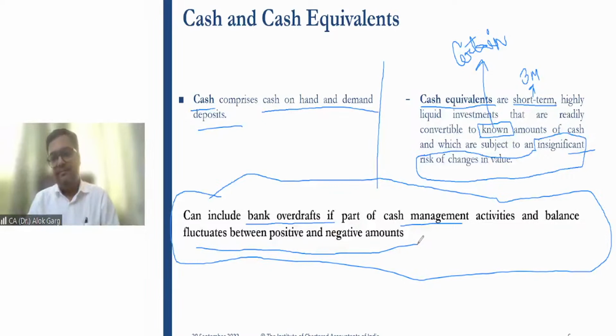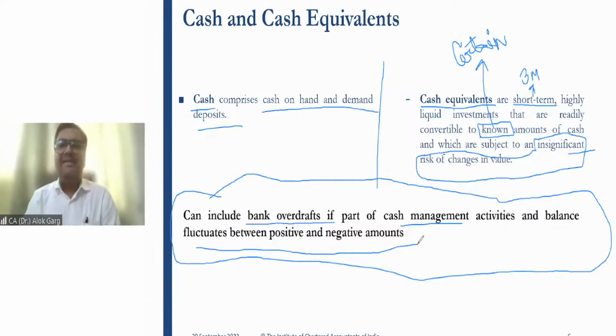But for cash flow purposes, the standard says that this bank overdraft is used in a cash management activity to manage the working capital, and the balance fluctuates between positive, negative, high negative, low negative, right? So it is more like a cash equivalent, where you are managing your cash.